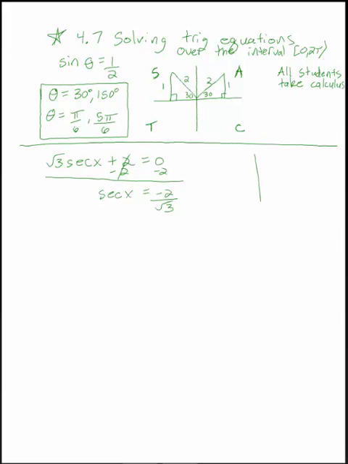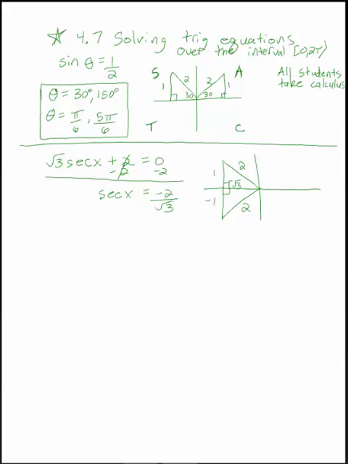So, draw a triangle. The secant of this particular angle is negative, so that means the cosine would also be negative, so I'm going to get answers in quadrants 2 and 3. So the hypotenuse is 2 and the adjacent is negative root 3.